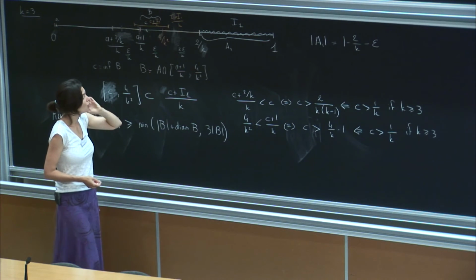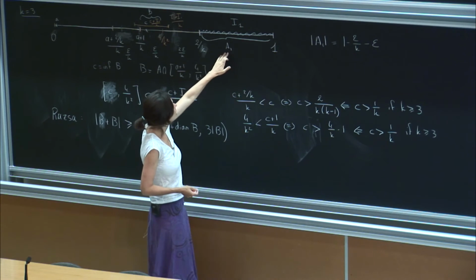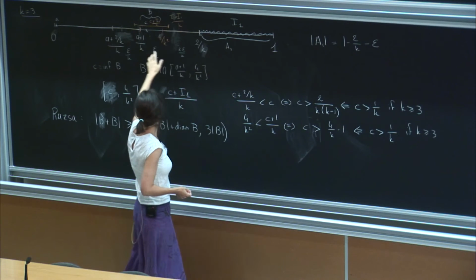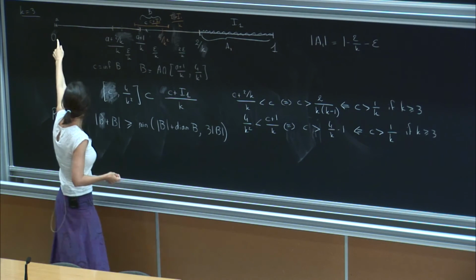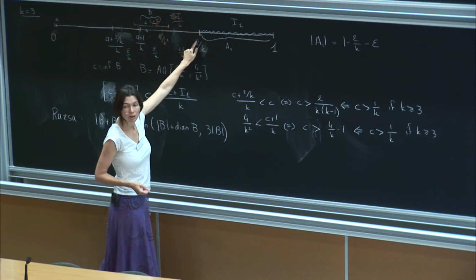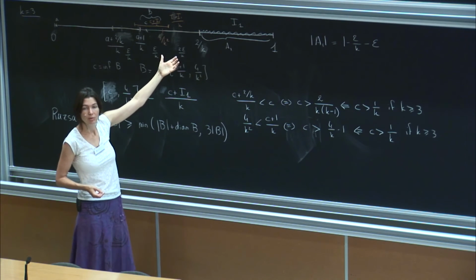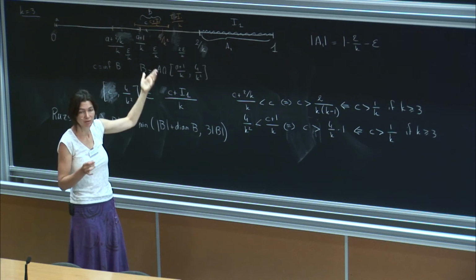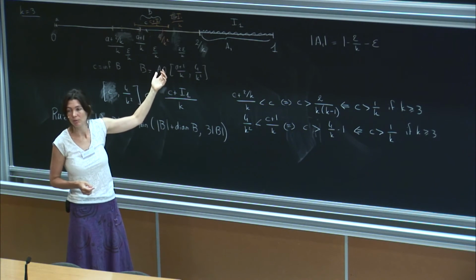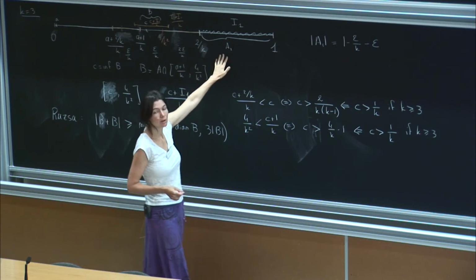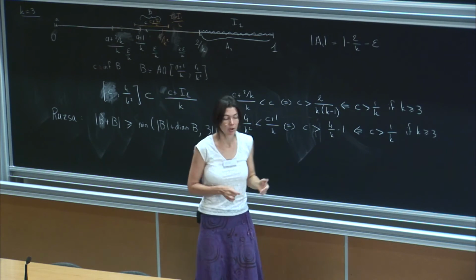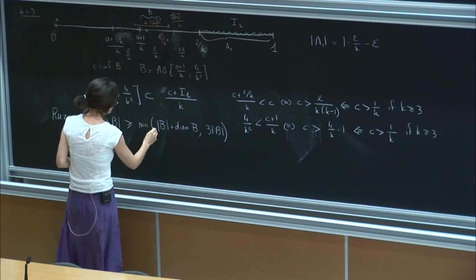And it's just because if you look at A1 plus A1 divided by K, this is a subset of this interval here, and there's no intersection between A and this subset, and so it gives that A1 has to be large enough. So it means that actually we can use that.